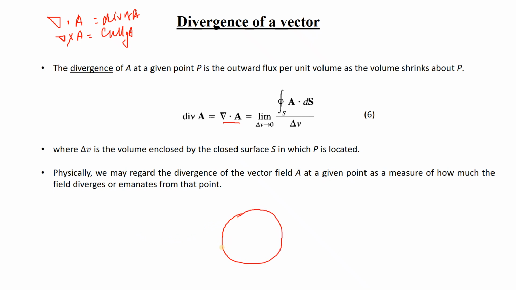Suppose we have a three-dimensional object, like a sphere, with some charge inside it. If charges are there, the flux will be coming out of the surface.